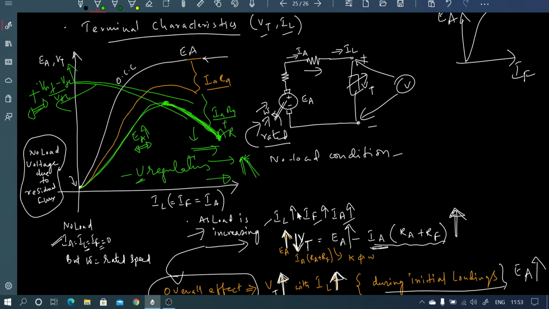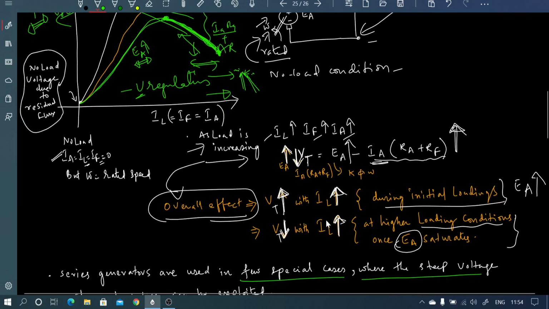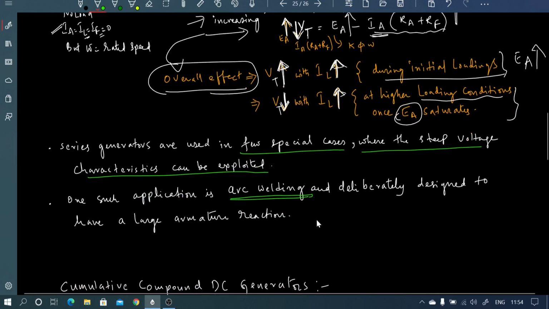Current reduces with the increase in the voltage across these two terminals, the contacts of the electrode. So with the increase in the voltage, current reduces. This is how this type of characteristics is more beneficial in case of arc welding. That is where the series generators are employed, not everywhere.